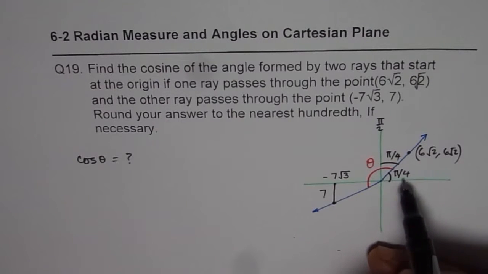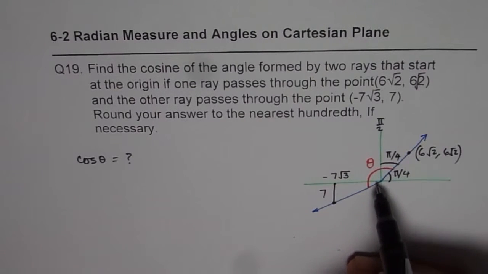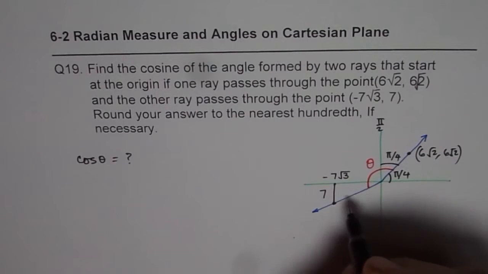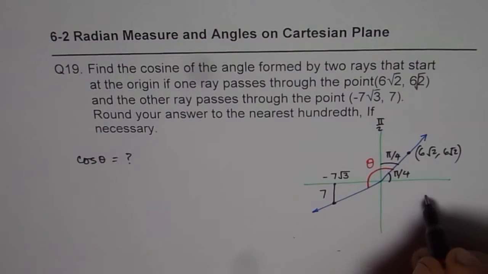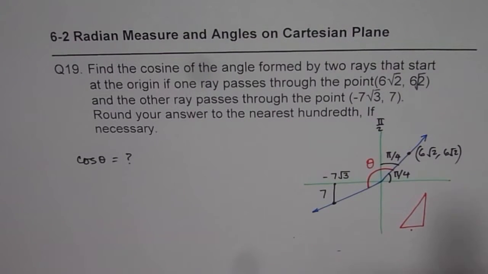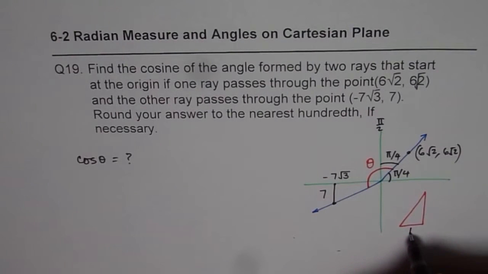The smaller legs are both equal. In this case, the legs of the other triangle are such that if one leg is 7, the other is 7 square root 3. So the ratio is 1 to square root 3, right?